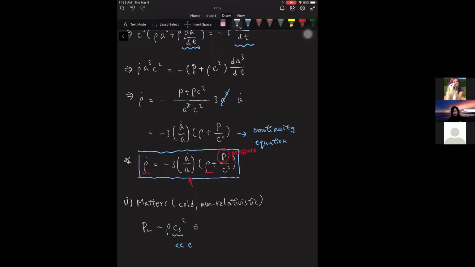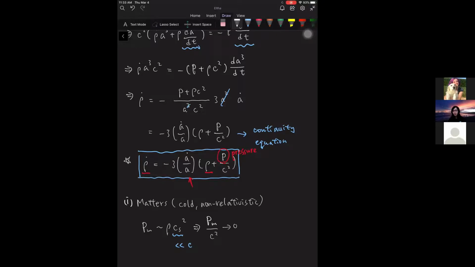So this tells us that the pressure divided by c squared is basically just 0, right?